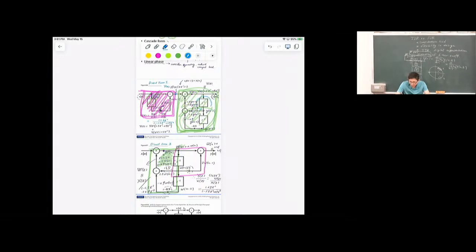This one got combined with that and becomes this. That's exactly the reason why we are able to place the delay line in the middle.